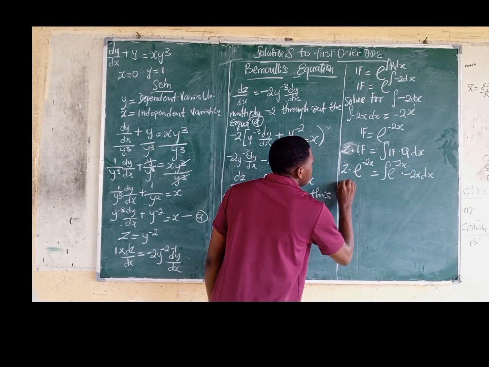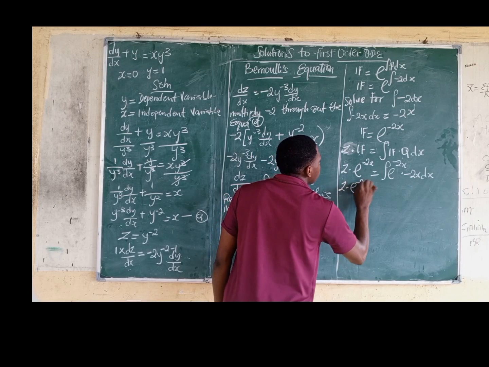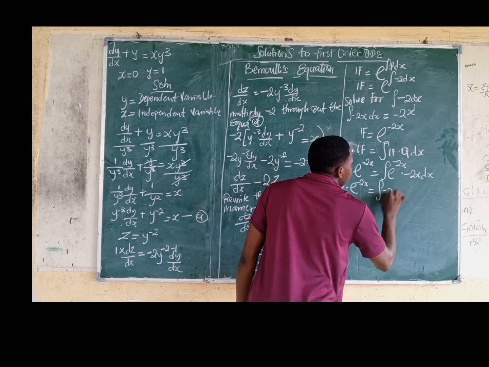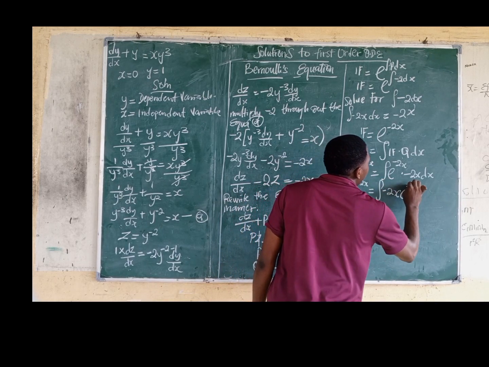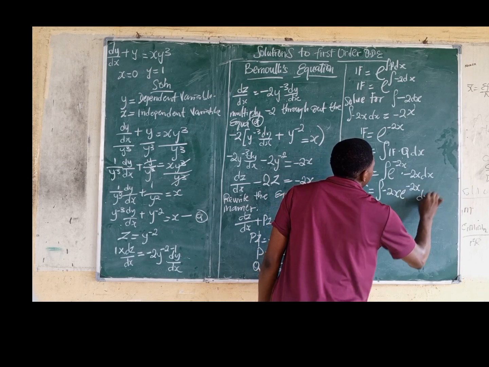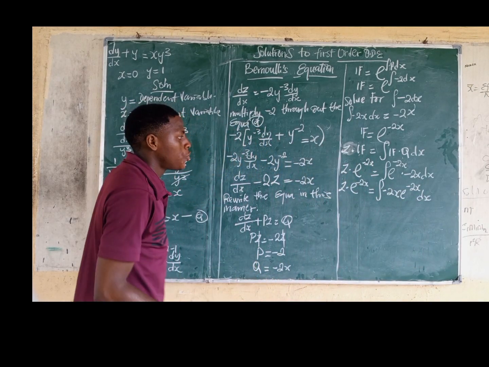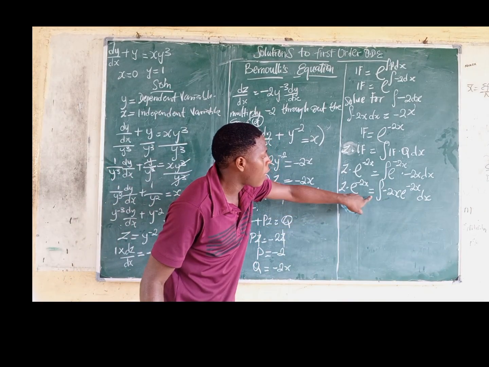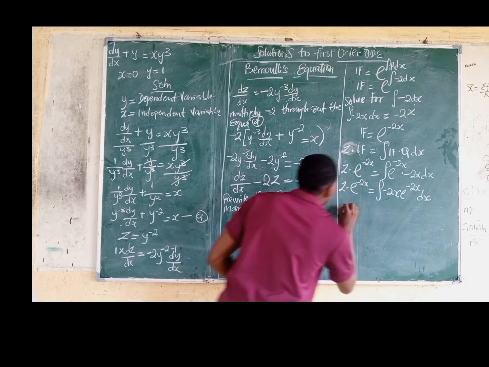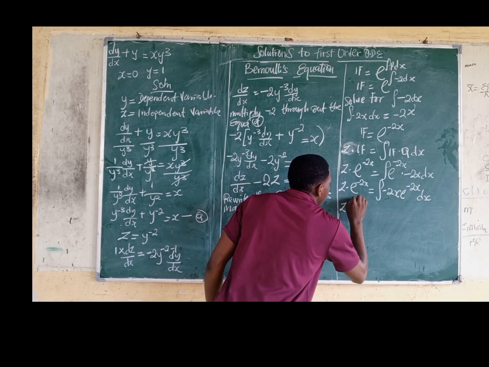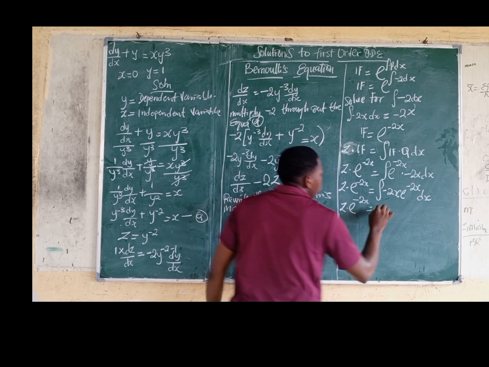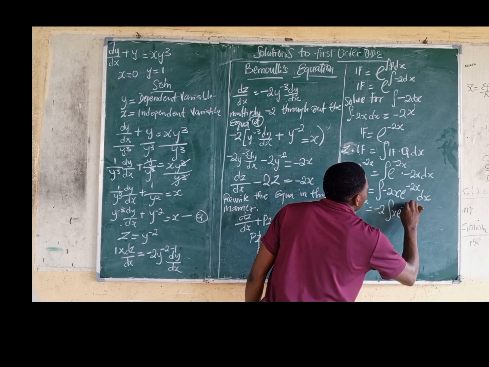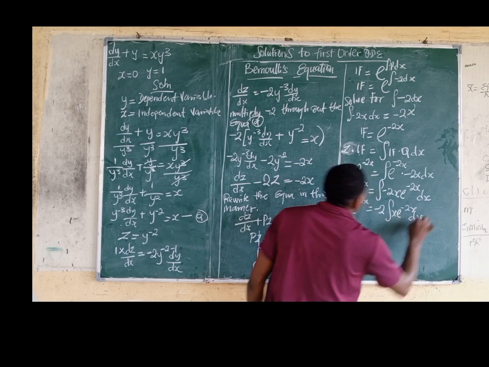This can be written as z dot exponential minus 2x, and this is equal to the integral of minus 2x exponential minus 2x dx. What do you think we should do next? We can bring this constant outside the integral, and we'll be left with z dot exponential minus 2x equal to minus 2 integral of x exponential minus 2x dx.